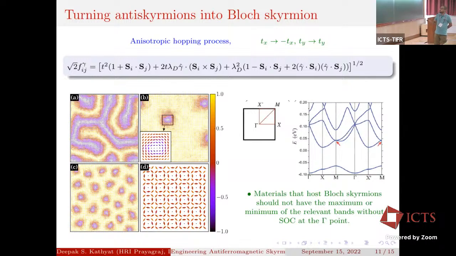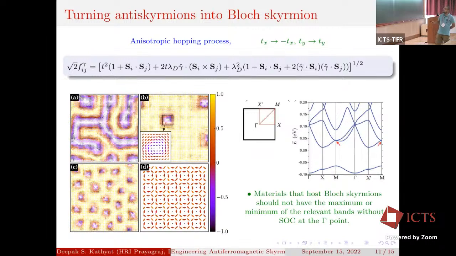So why are we doing this, and what do we conclude from it? When the hopping parameters have the same sign, the relevant energy band of the material will have its minima at the gamma point. But when there is an opposite sign, a relative sign difference between the hoppings along x and y, the relevant energy band that crosses the Fermi surface will have its minima away from the gamma point.